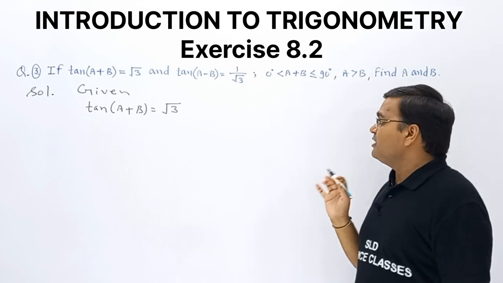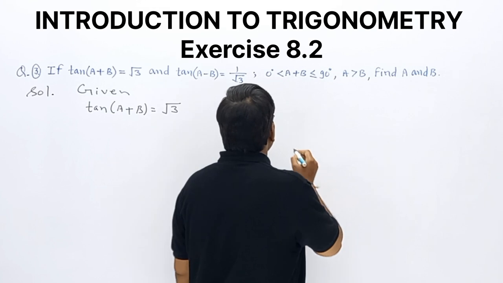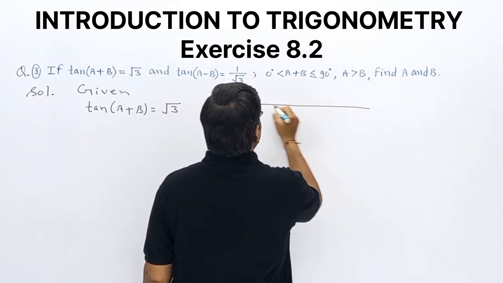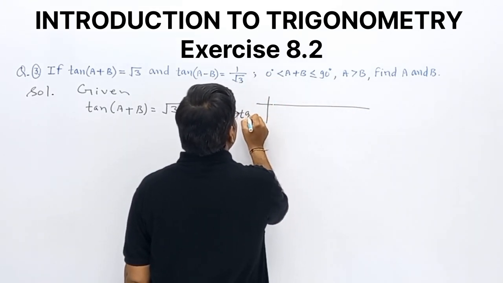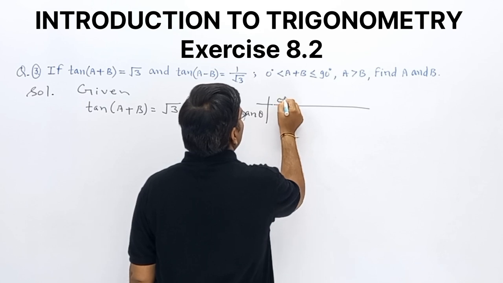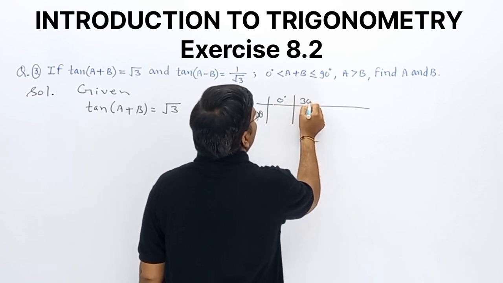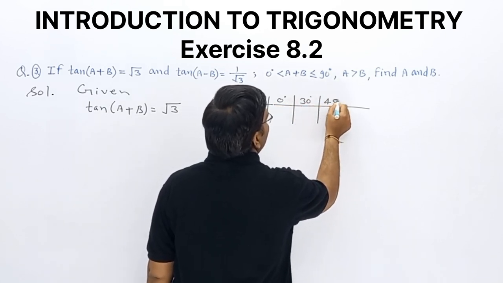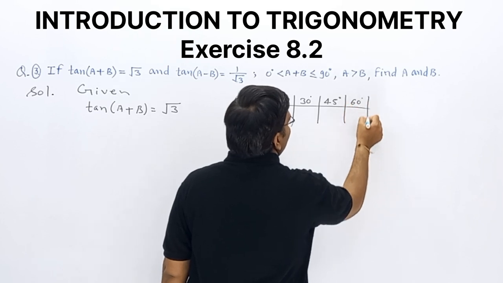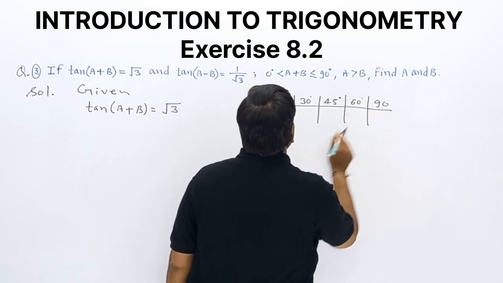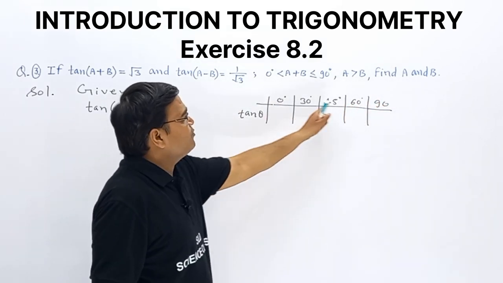Sin theta upon cos theta will be tangent theta. So in the table, observe, we studied tangent theta for 0 degree, 30 degree, 45 degree, 60 degree and 90 degree. What are the values of tangent theta for these specific angles?